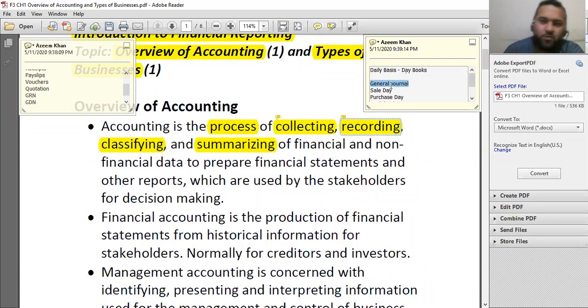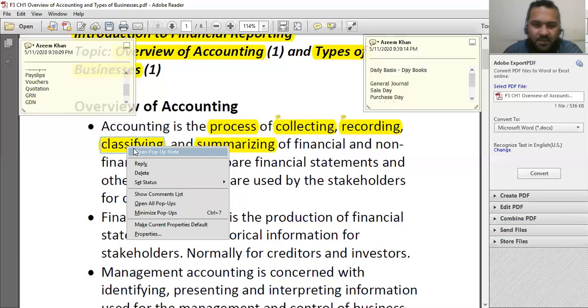It means I must have a record for each and every item separately, and when I am maintaining that record, it means I will classify the transactions into different items. For example, regarding the cash, I will only keep the record in the cash account. Regarding the purchases, I will keep records in the purchase account. Regarding the payables, I will keep records in the payable account.